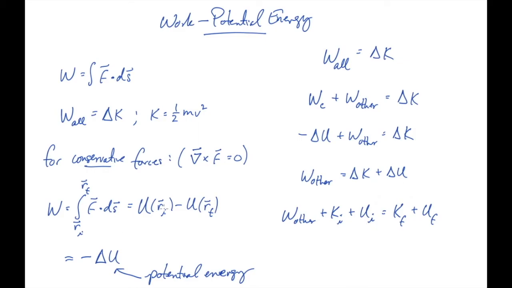As we've written it here, potential energy is a kind of energy that's associated with the location of an object in a region where there's a conservative force. So tell me the sum of those two kinds of energy at the beginning of some motion, and tell me how much work happens along the way. And then I know how much energy we end up with in the end.